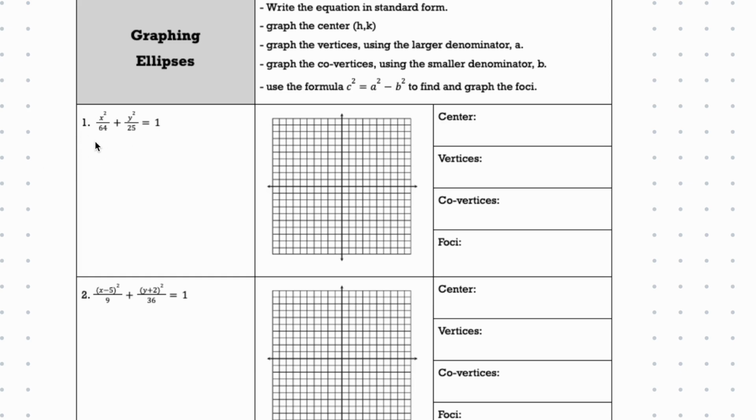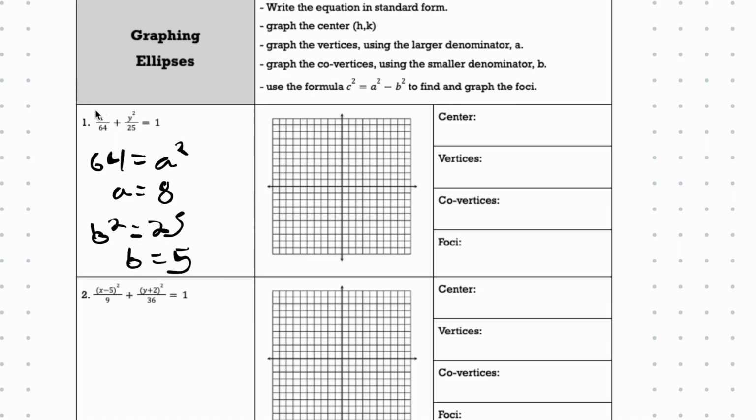And now what I would do is in our formula, right, we divide by a squared. So 64 equals a squared. So a is obviously going to equal 8, right? Here, 25 equals b squared. So b is going to equal 5.